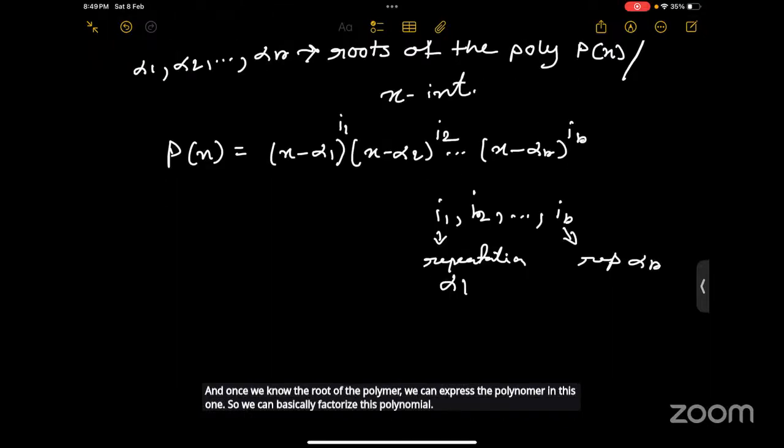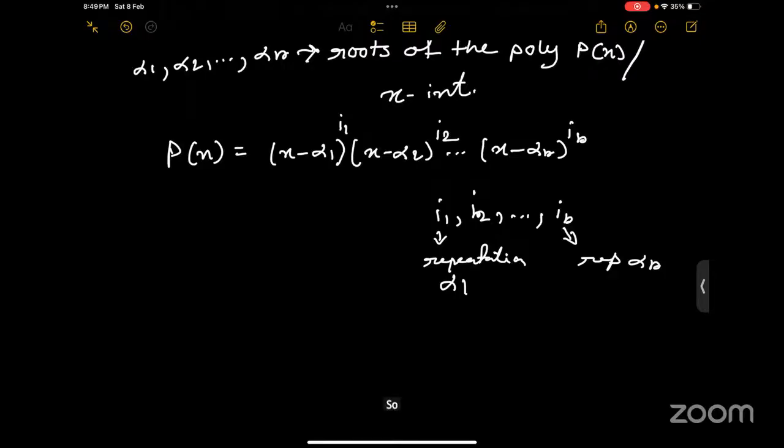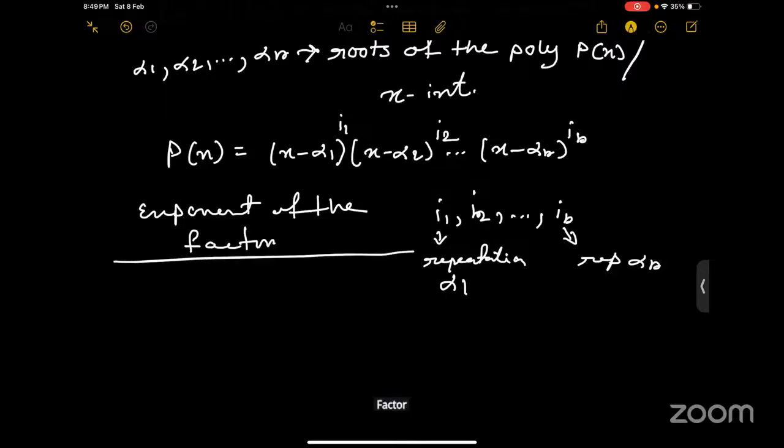Okay. So now the exponent of the factor, and here we will see the graph.